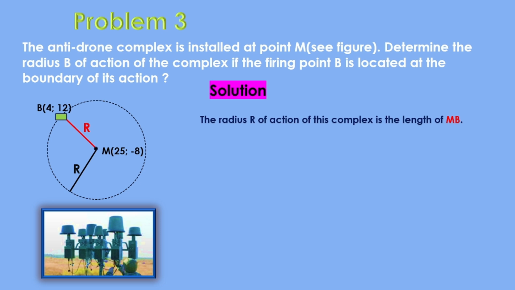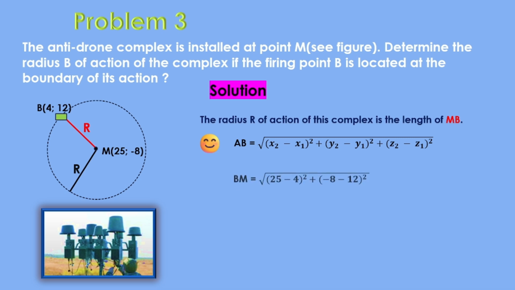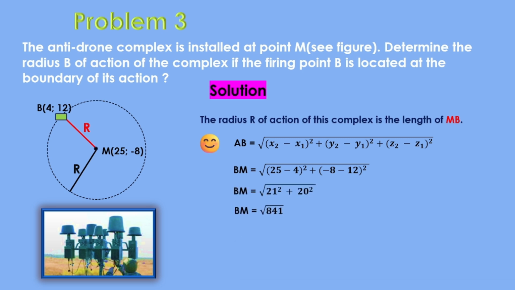So the length of the segment MB is the radius of this circle. So all we were asked to do was find the length of this segment BM. We remember the formula. We substitute the known quantities. I subtract the coordinates of point B from the coordinates of point M, and we have that the length of the segment BM is 29.